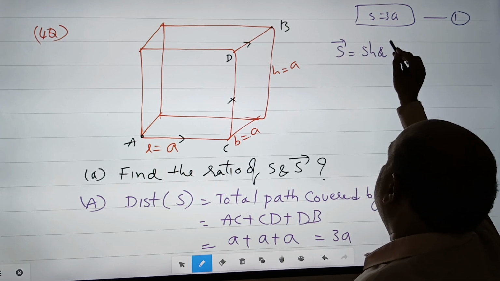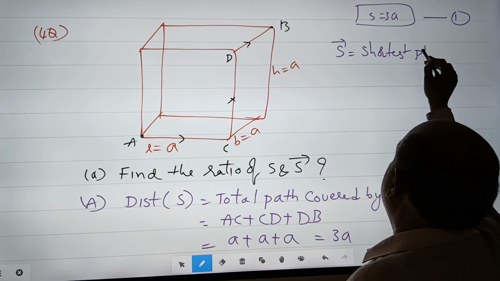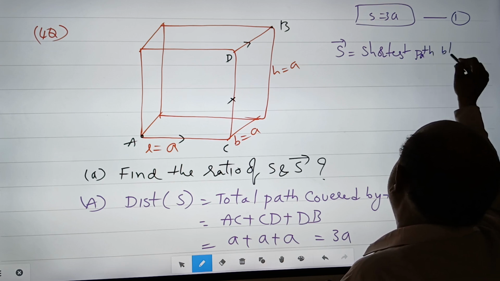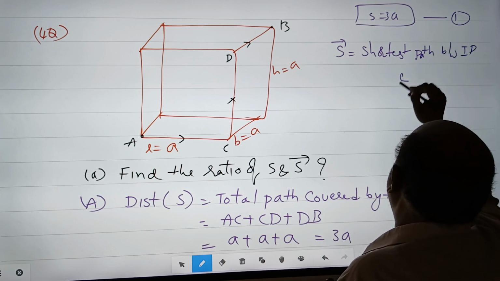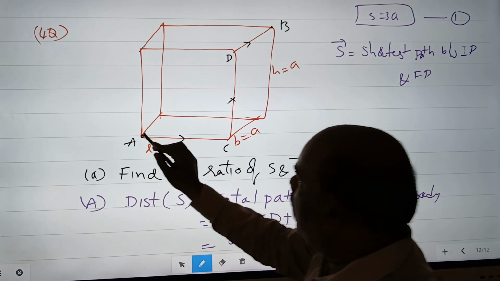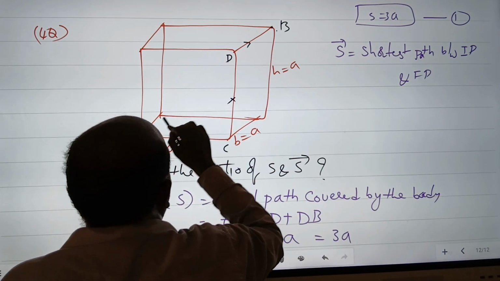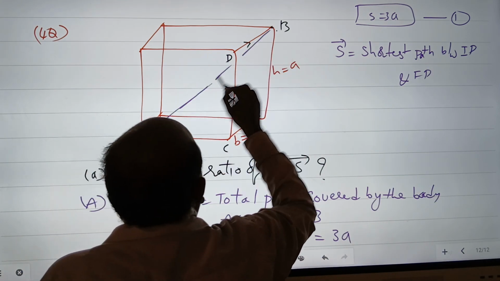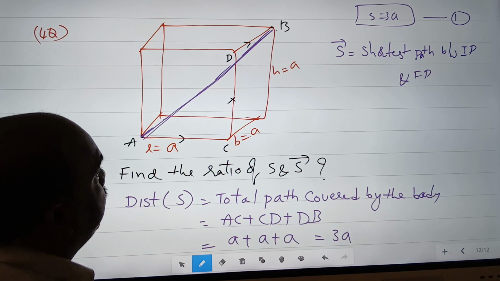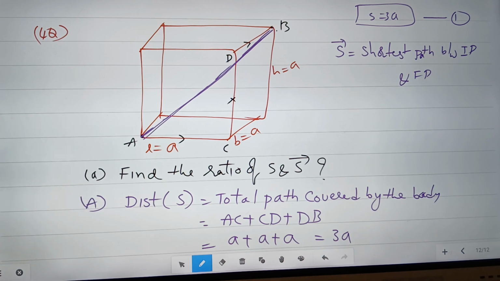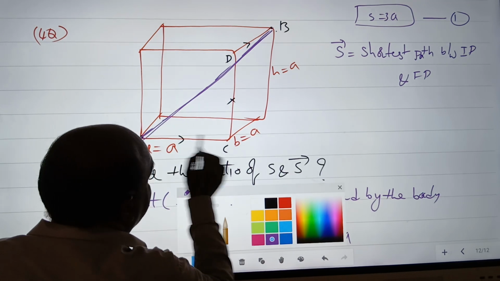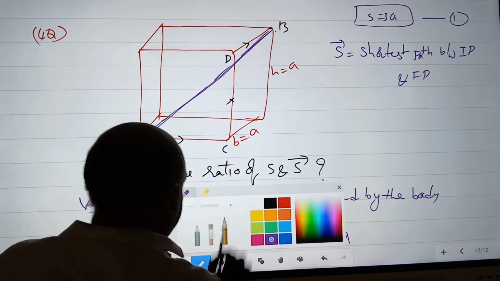Displacement is the shortest path between initial position and final position. Initial point is this, final point is this. This is the displacement. How to find the displacement? Simple. You need to know the vector logic. This is 3 dimensional. It has x-axis, y-axis, z-axis.